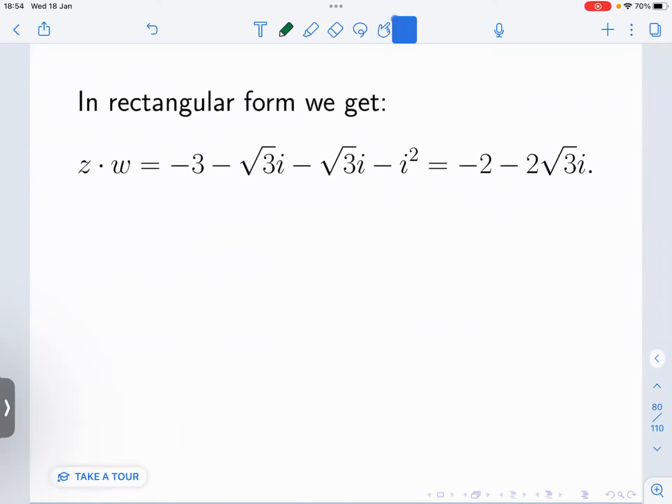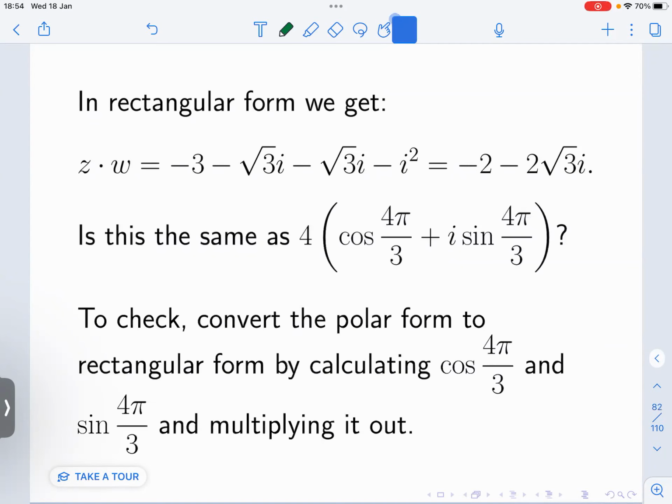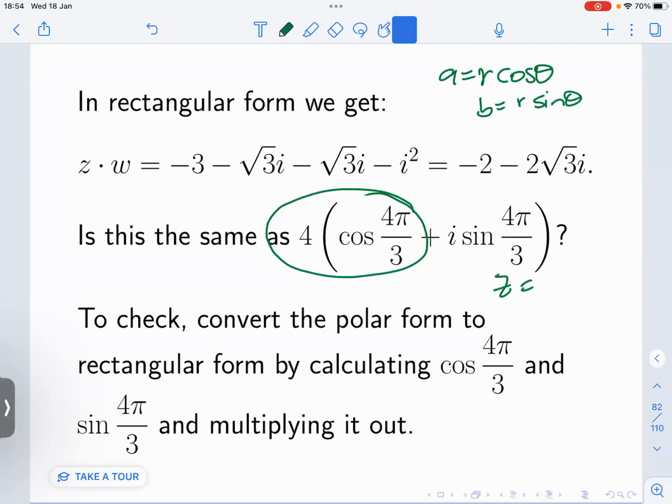And then in most cases, you will be asked to leave the answer in standard form. So to do that, you will take the product of 4 with cos 4 pi over 3. Remember, we said that a is equal to r cos theta and b is equal to r sin theta, and therefore the complex number is just a plus bi.